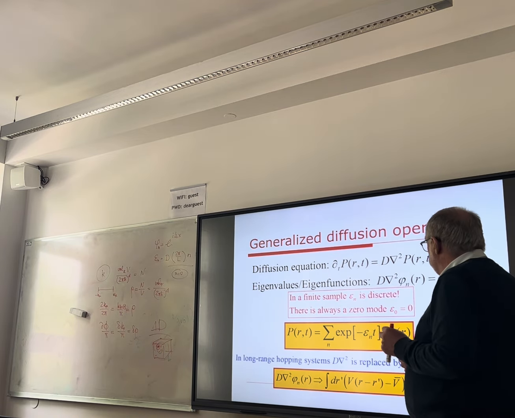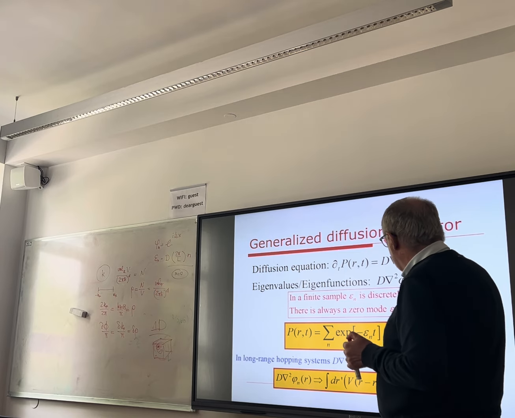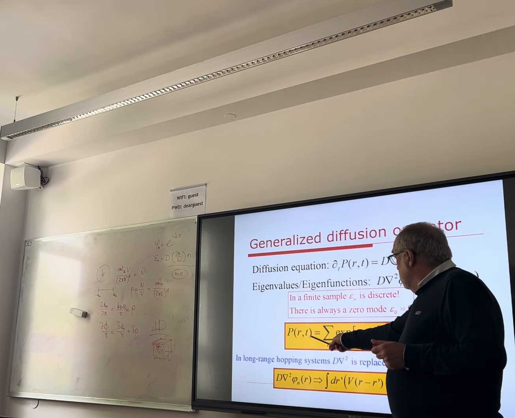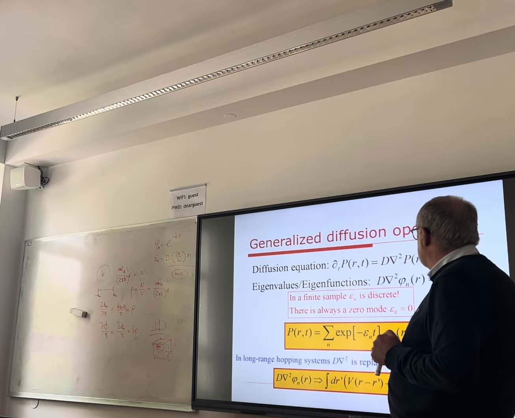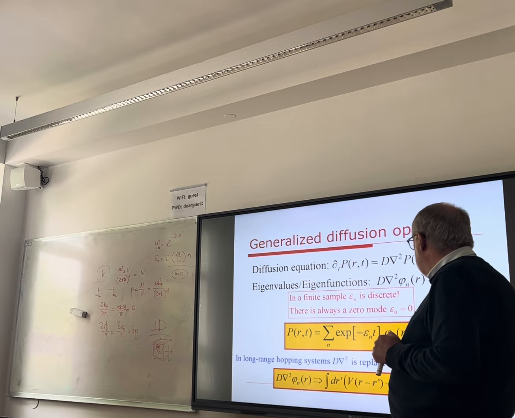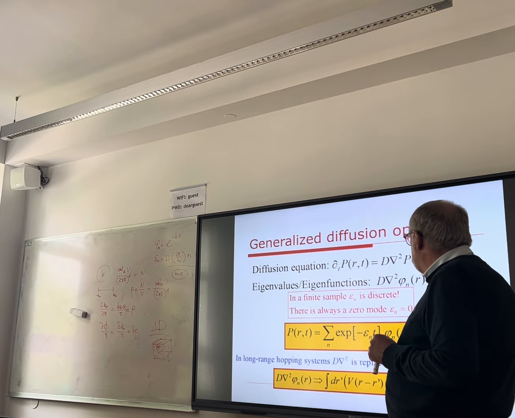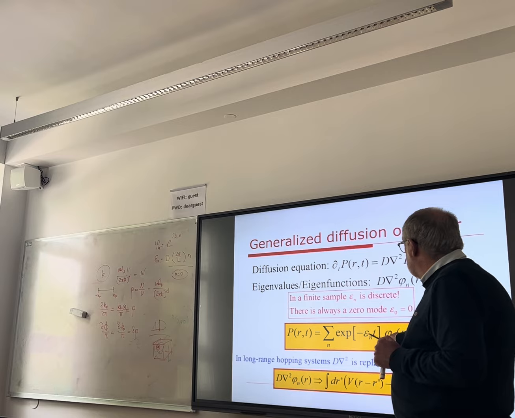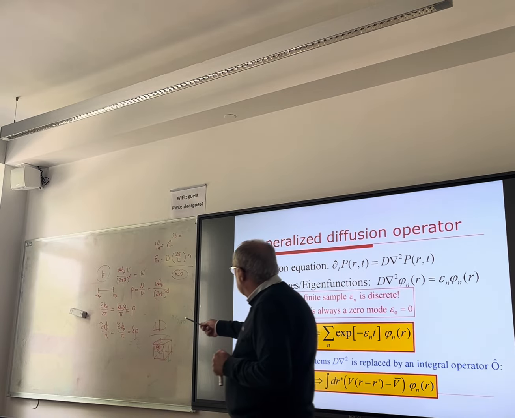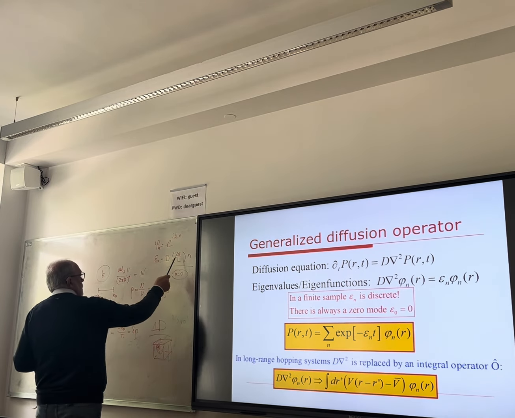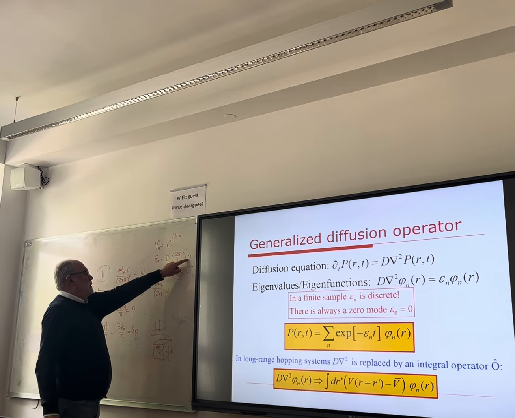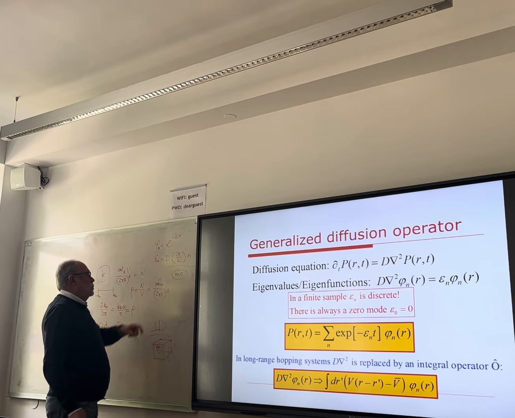Now, of course, if you know the eigenfunctions and eigenvalues, you can write then the probability in this way, and this is what we have in the usual diffusion. And this epsilon is, as I said, D times 2 pi by L times n. So there is a zero mode, and there is a first mode.